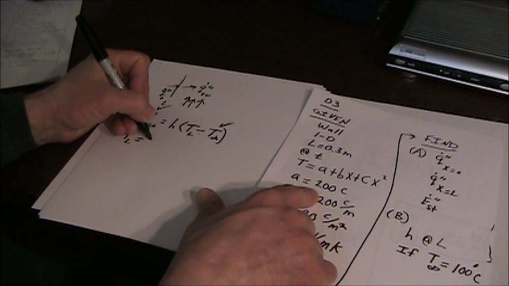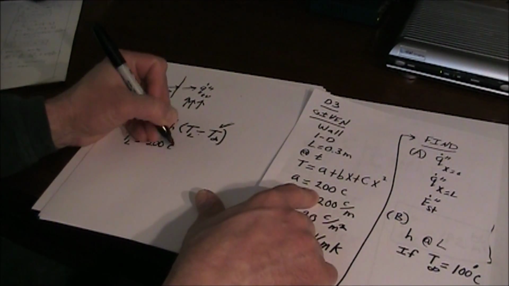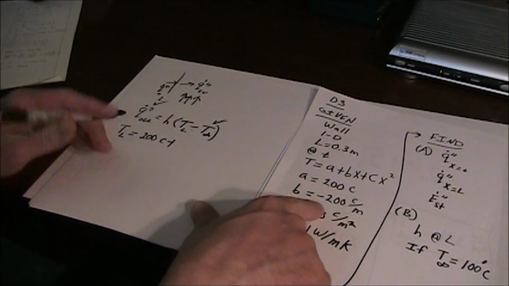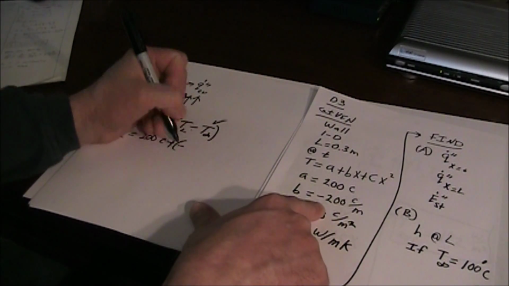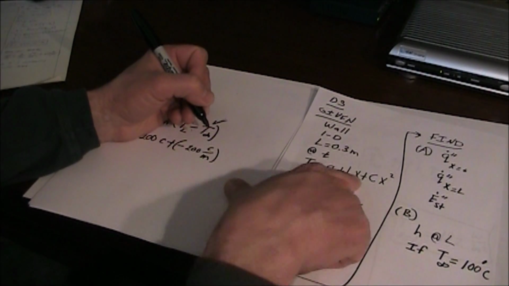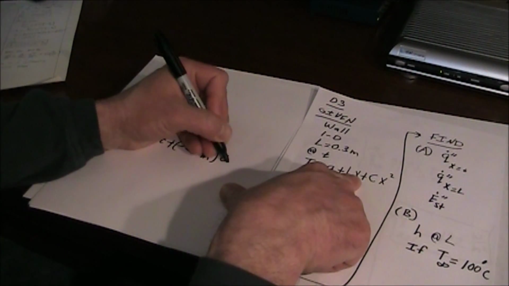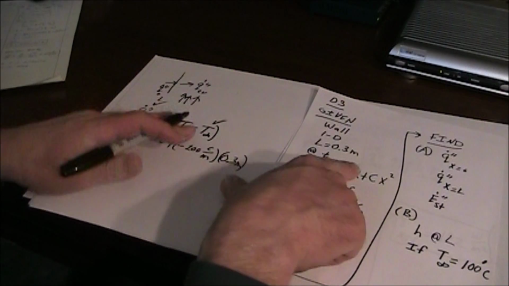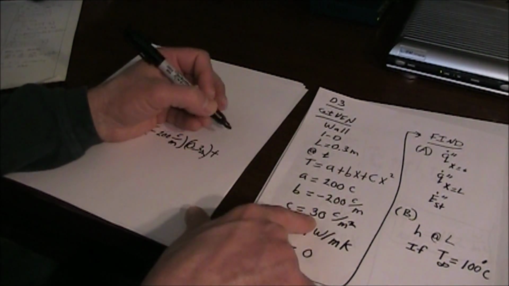A was 200 Celsius plus B, which is minus 200 Celsius per meter times x, which is 0.3, plus C x squared, and C was 30.